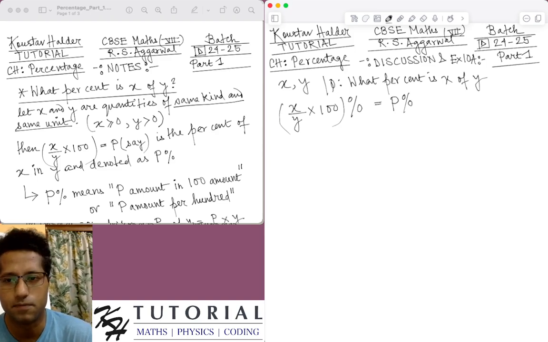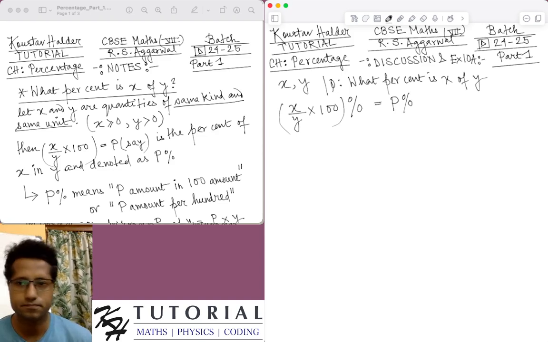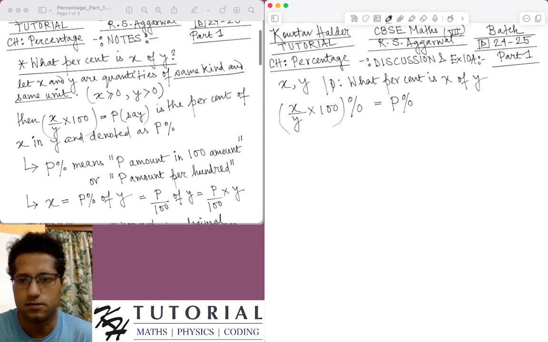If I ask what percent is x of y, then the value is x by y multiplied by 100, and to denote that value as a percentage, we write the percentage symbol at the end.